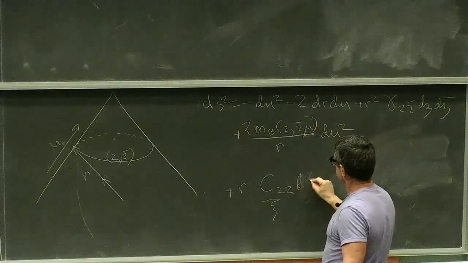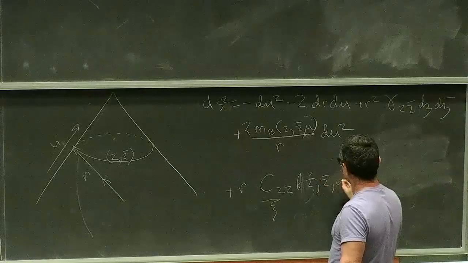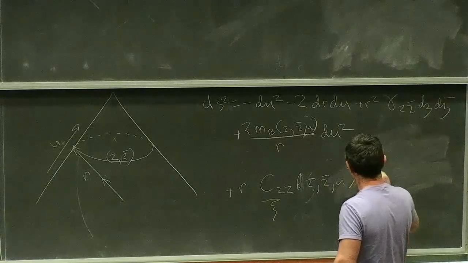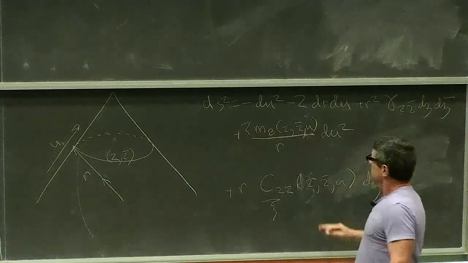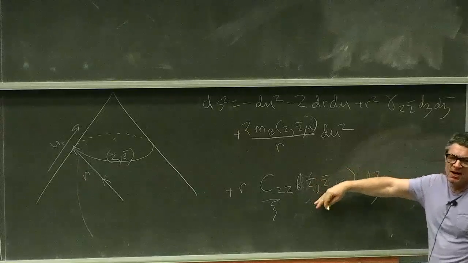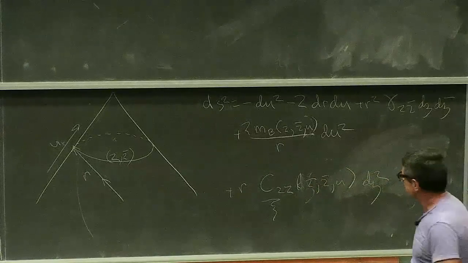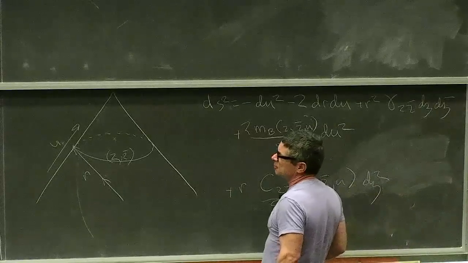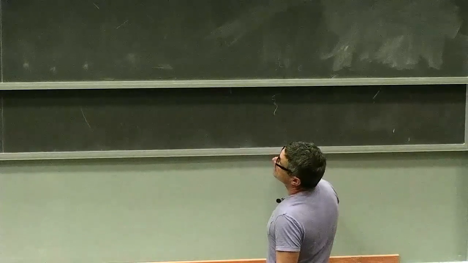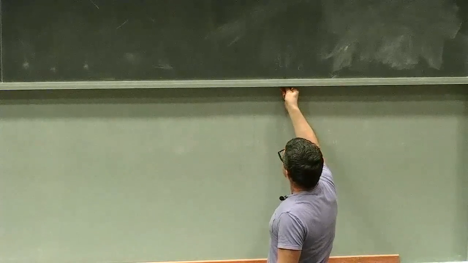And this C_zz, again, depends on z, z bar, u, dz squared. These two fields don't depend on r by definition, because I'm doing an expansion about Scri plus. So those are the important terms in the metric.